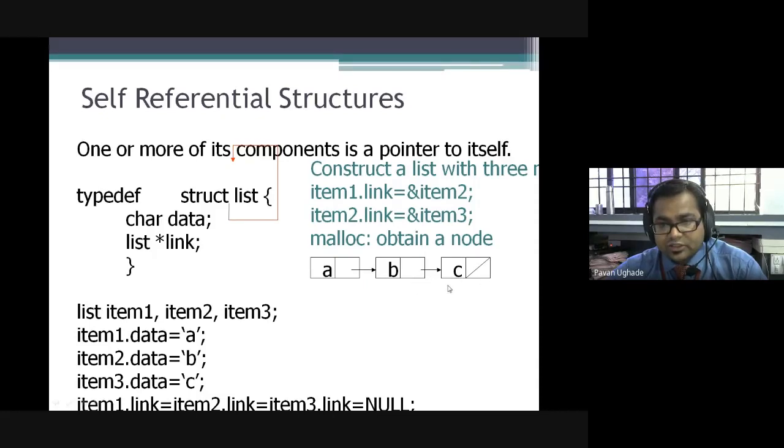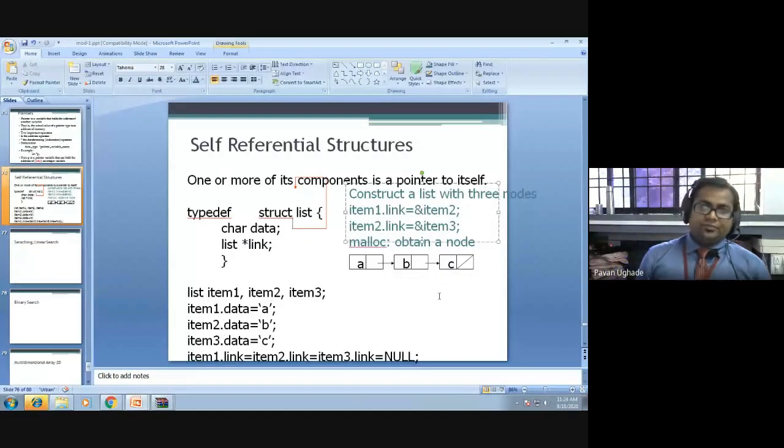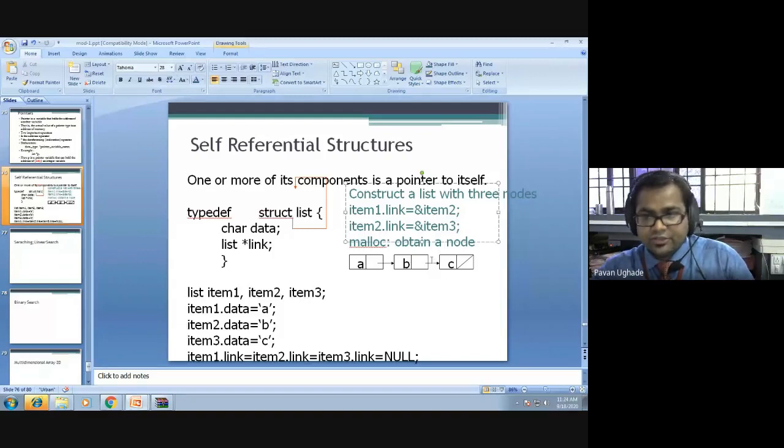So C's address will be stored here, and we have already initialized item 3 dot link equals null. So this is the total structure of the self-referential structure and the linked list, because in the coming days we'll be discussing the linked list.